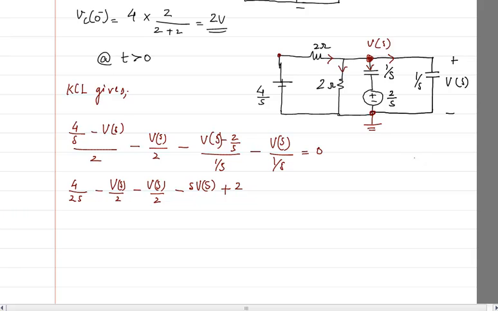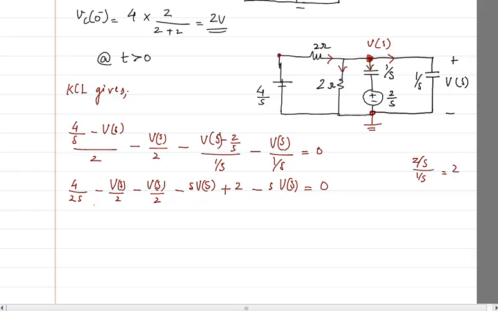I suppose you understand that. It is 2 by S divided by 1 by S, which is basically 2. So 2 minus S V of S, because the S goes to the numerator, is going to be equal to 0.